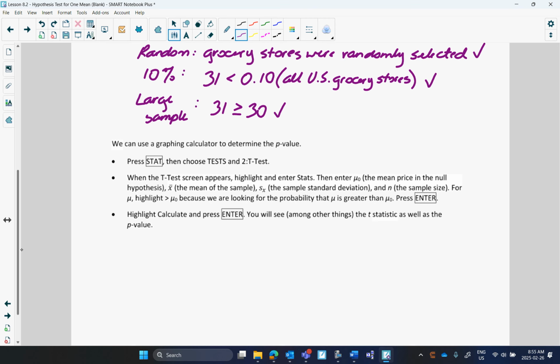Now, first thing it says is input. Make sure stats is highlighted because stats allows you to enter the values we need. If you go to data and hit enter, it's going to ask for a list, which is what we don't do. So you want to make sure you're on stats.